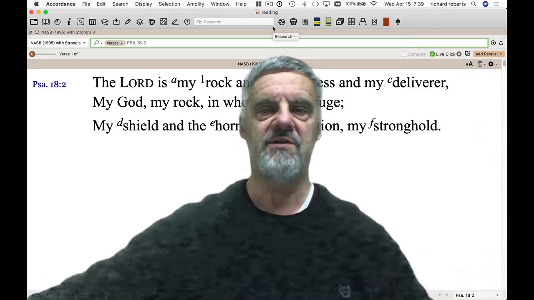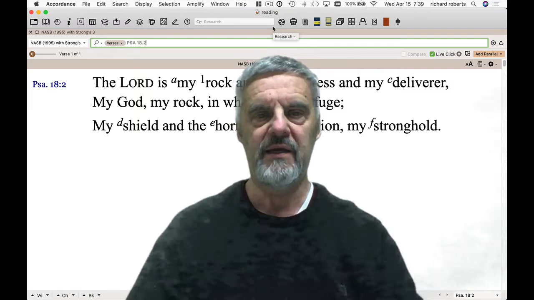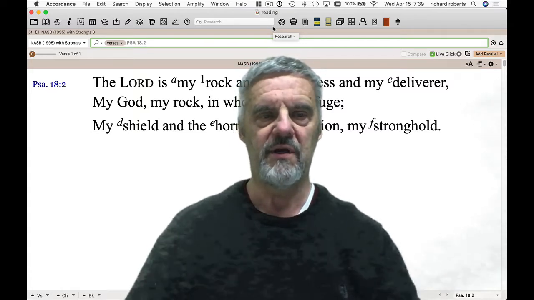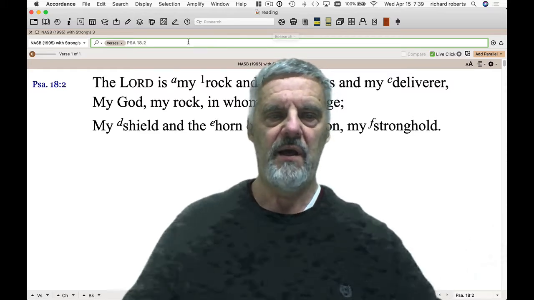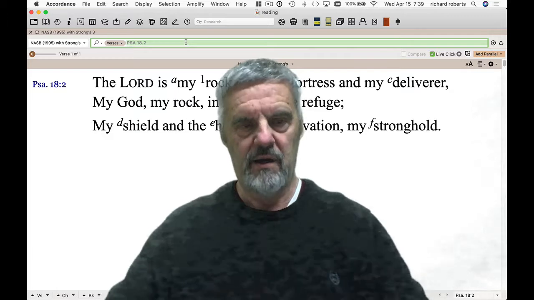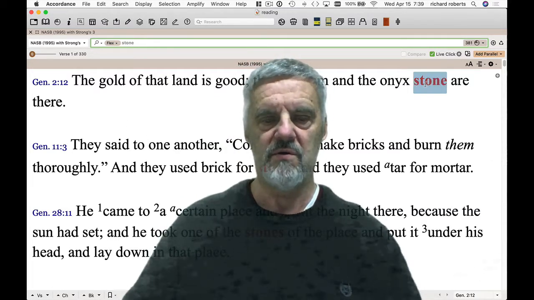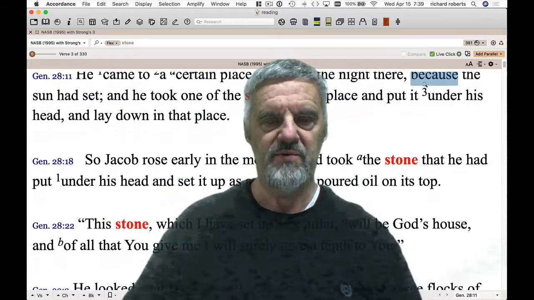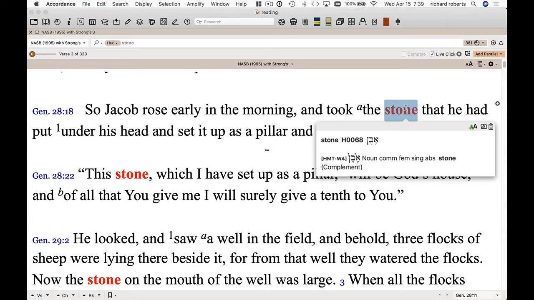Now in the Hebrew Old Testament, there are 4 words that can be translated rock, and the first word, I'll just pronounce it for you, is the word Evan, and it's almost exclusively translated in our Bibles by the word stone. And so here are all these examples. If you look up the word stone, we can see that the word behind it is this word Evan.